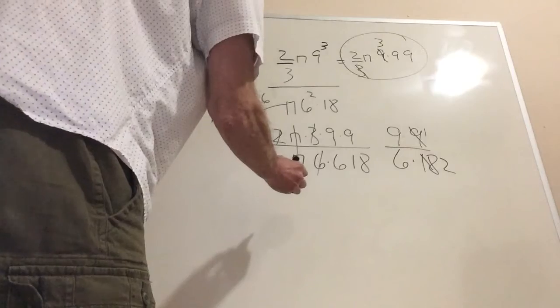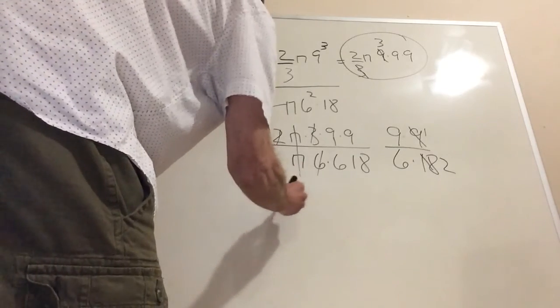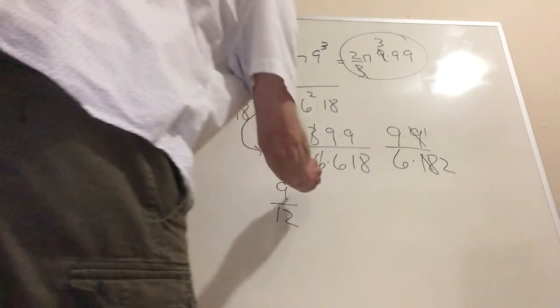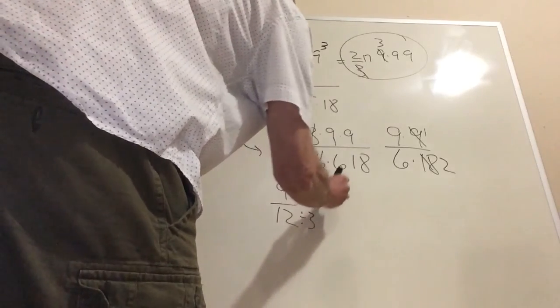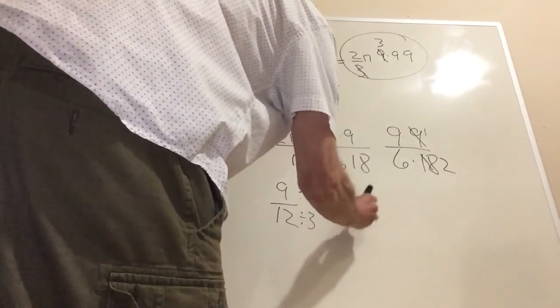Well, there's an easy one, okay? 9 goes into 18 2 times, so I write it out, and I get, I'm going over here now underneath, and I get 9 over 12. But we've done this math so many times that we end up with 3 over 4.